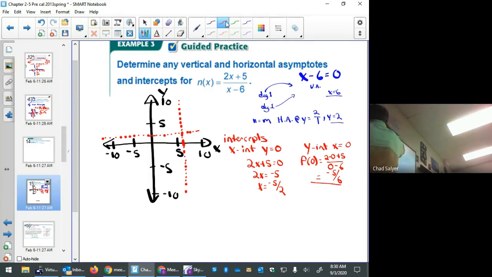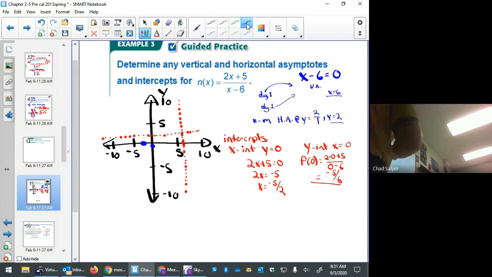And then plotting the intercepts, x equals negative 5 over 2. So that's about here. And then for y, it is negative 5/6, which is just less than 1. So it should be something like that.